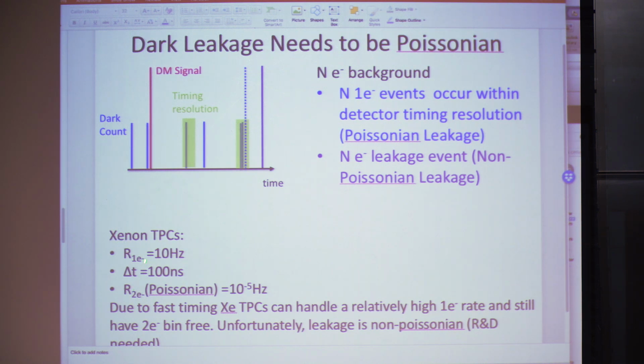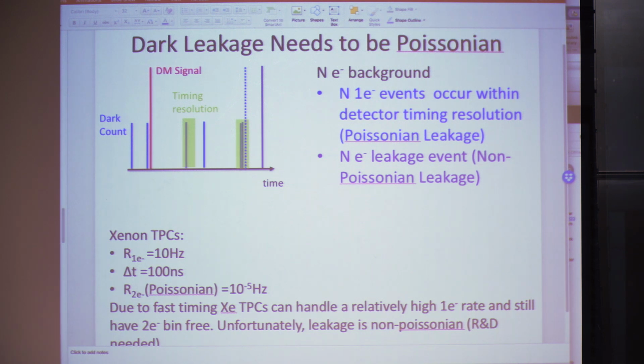So what are the odds, if your rate is 10 hertz, that 2 events are going to come within the timing resolution of your detector if it's Poissonian? By Poissonian, I mean that the events are randomly distributed in time. So I have some dark count here, and then suddenly here I have 2 that are within 100 nanoseconds of each other. What are the odds of that?